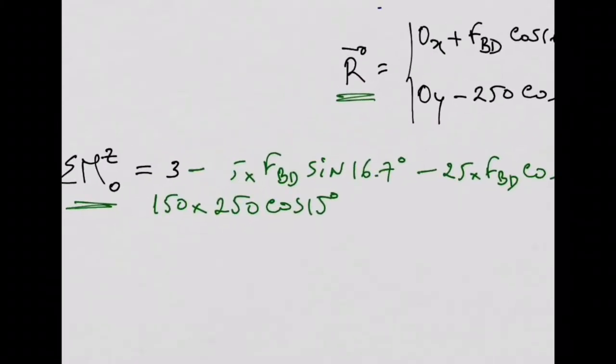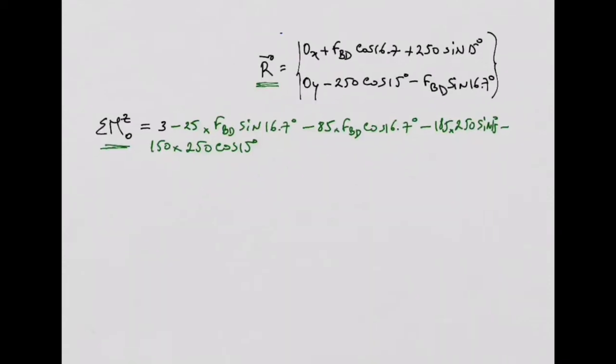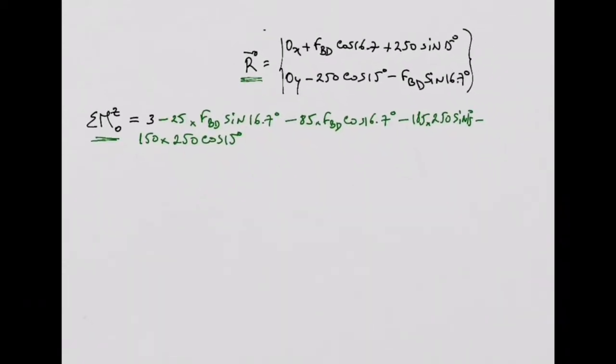We need to have here 25, and we need to have here 85, right? Okay, good. What else? Anything else? In fact, I just wanted to check if you guys are paying attention. No, of course not. It was my mistake. I'm sorry for that. But I fixed it.